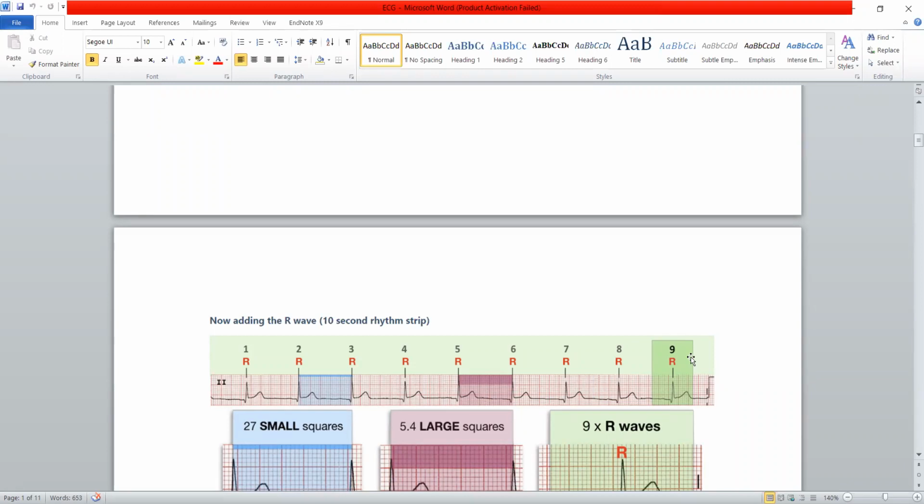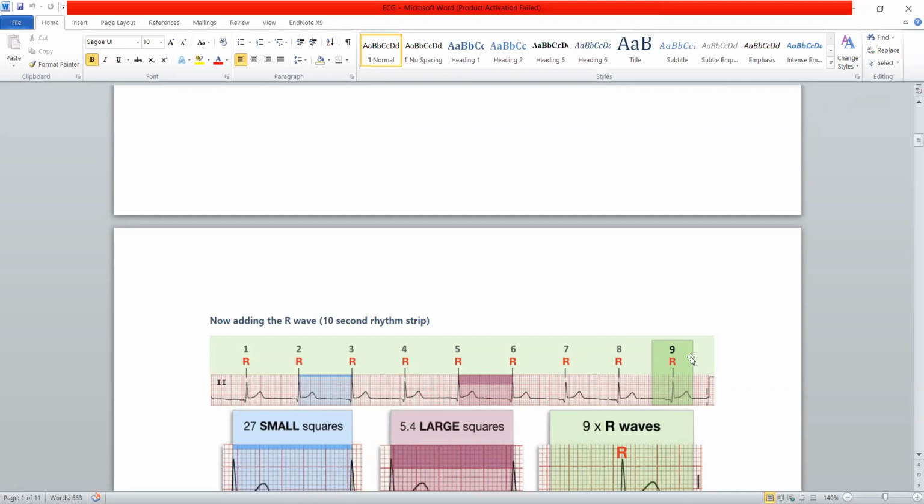So we count the number of R waves and multiply it by 6 to get the heart rate, or number of beats in 1 minute. Is there any question? Any more questions?